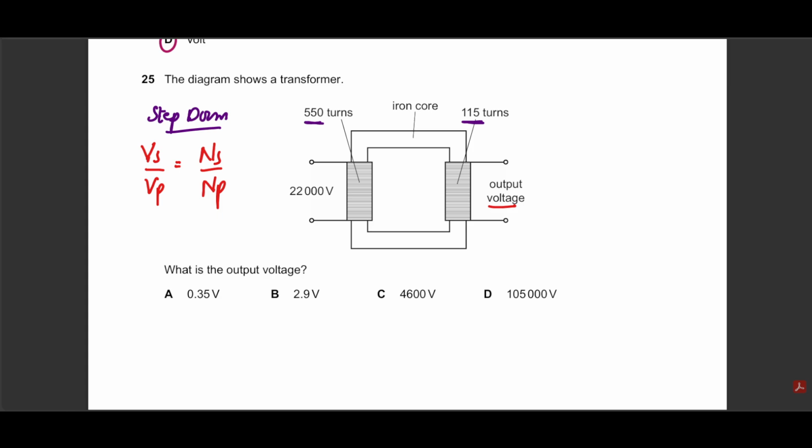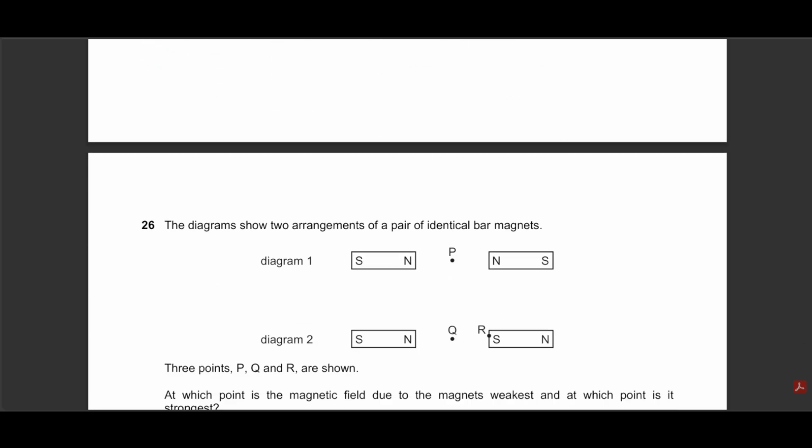Let's put in the values. Voltage of the primary is 22,000. That is what we're giving at the input. Number of secondary turns is 115, and number of primary turns is 550. Now, when you bring 22,000 to the other side and perform the algebra, you will find that this answer comes out as 4600 volts. And it's a very rounded answer, so this will be option C.